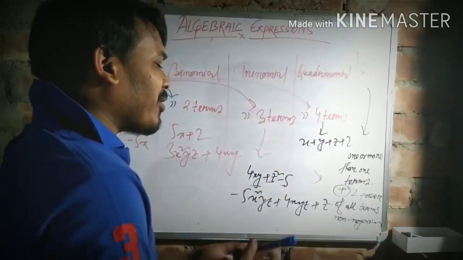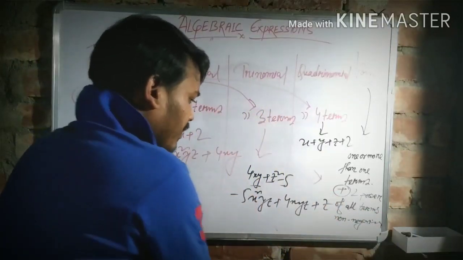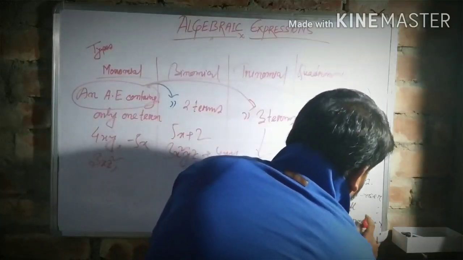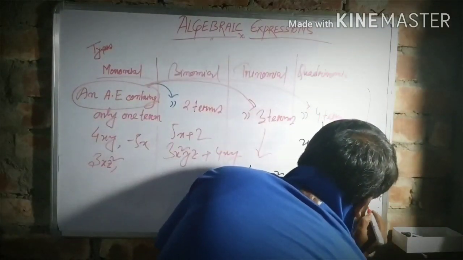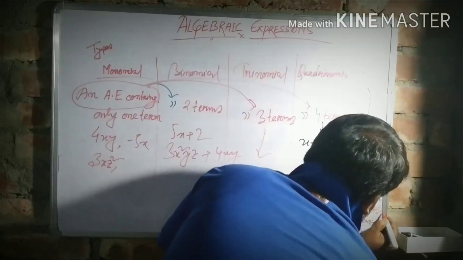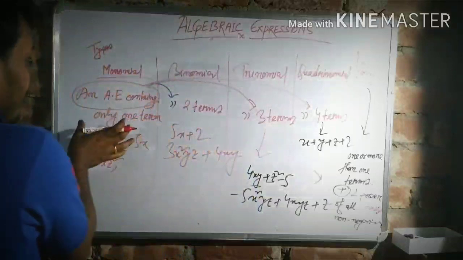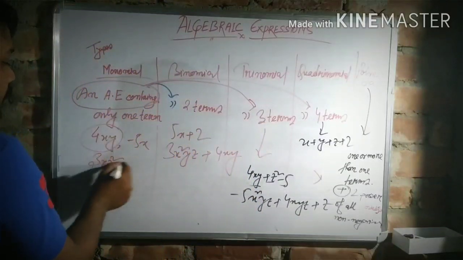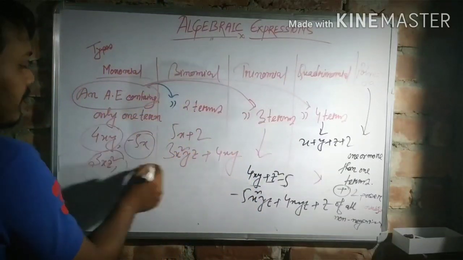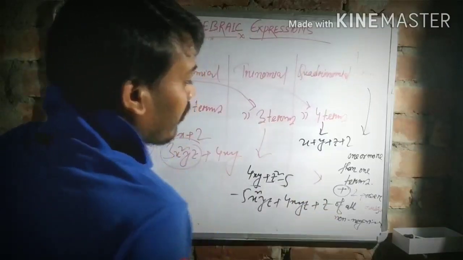If you write power of variable, that is also okay. So here the powers of the variables are non-negative. So this one is a polynomial, this one also, all are polynomials.